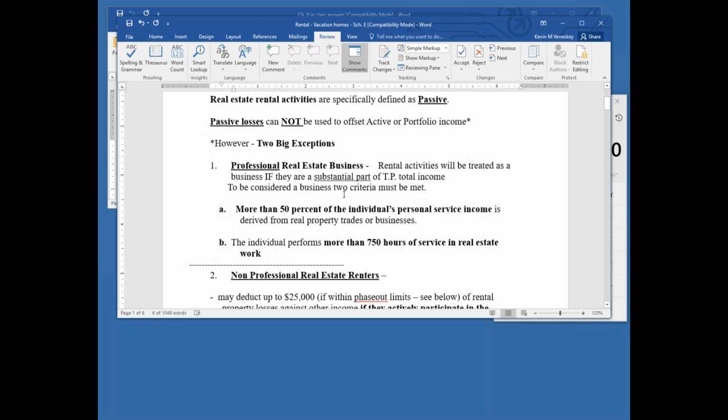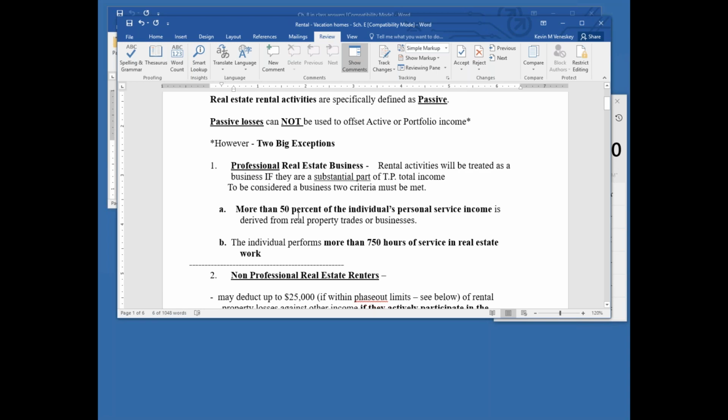Now, there are two big exceptions. The first one is if your rental activities are considered your primary job. If they are, then you would list these not on Schedule E, but on Schedule C. And to be considered professional in a real estate business, meaning that is your primary income, your primary job, you have to meet these two criteria.